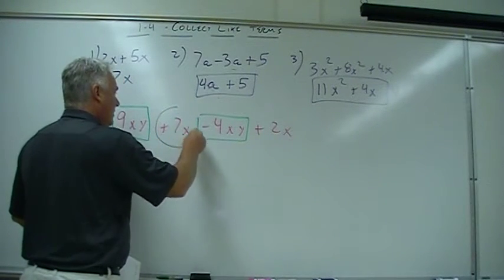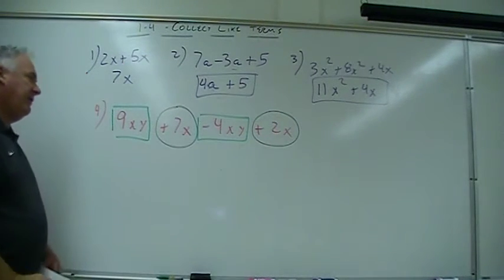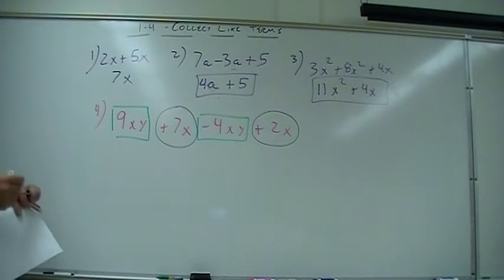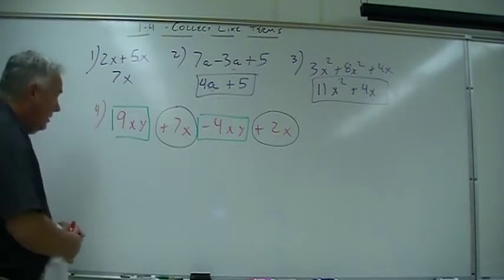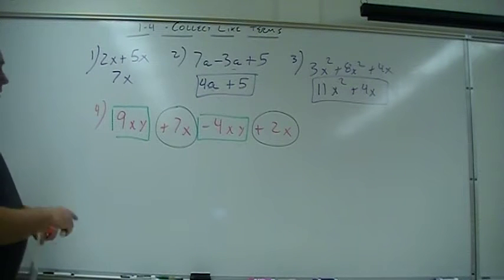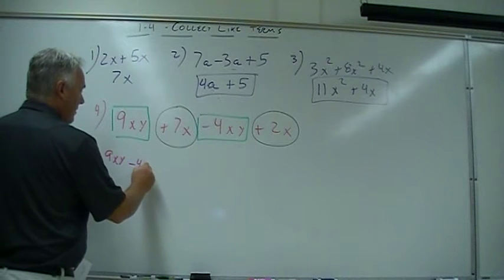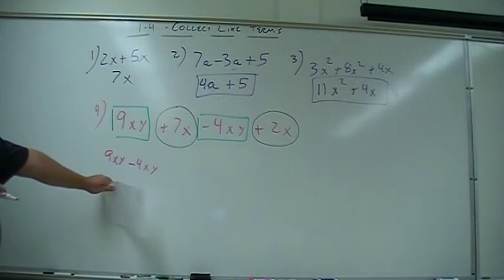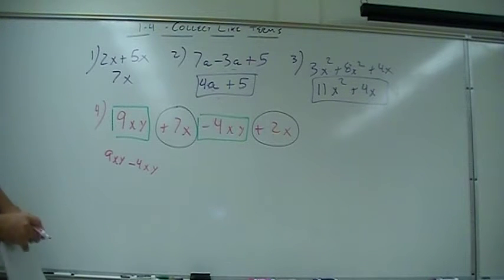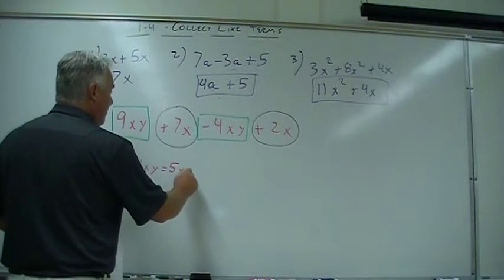Really important on that. So you could box it and then maybe do a circle for another set of terms. Those are our x's. Okay, so if you have colors, maybe you can use colors. So we have 9xy minus 4xy. Sometimes I break them out like this to show the math. You can do this to help you organize yourself, and you will get 5xy.